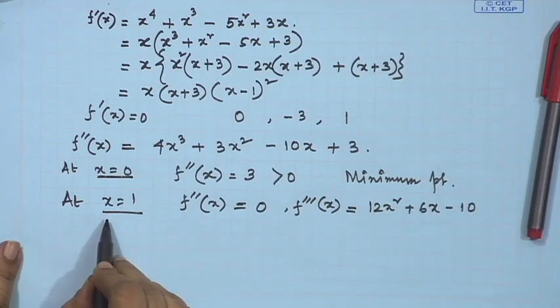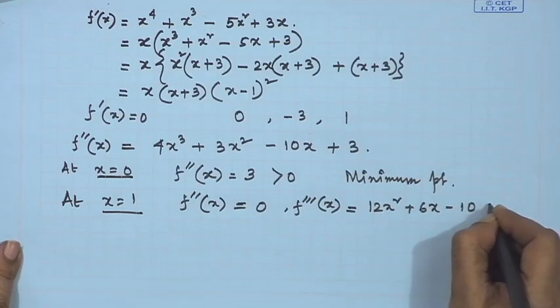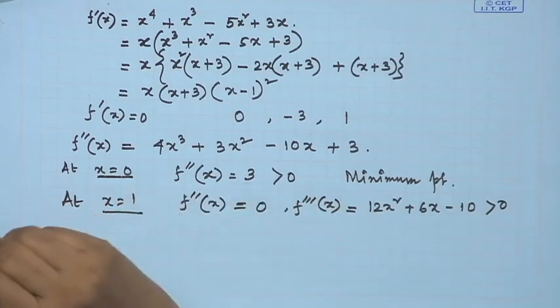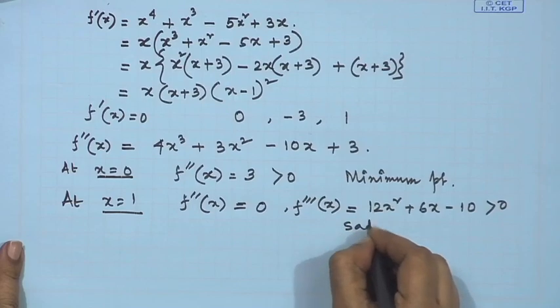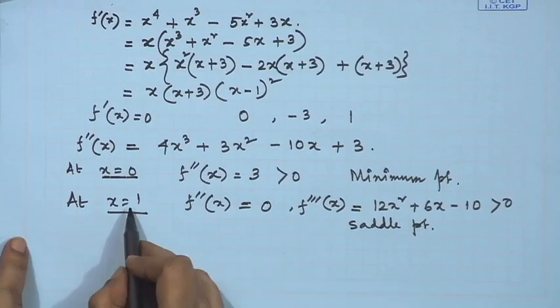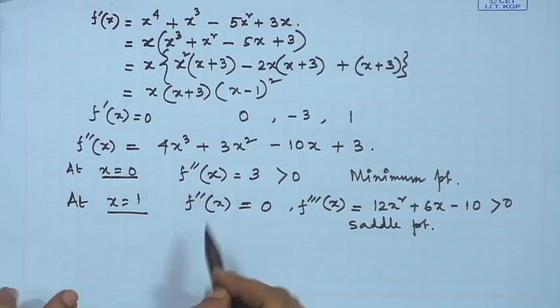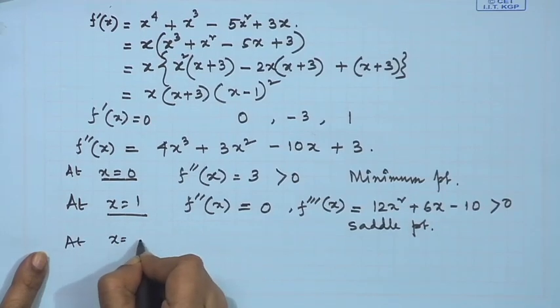At x equal to 1, this value is coming 12 plus 6 minus 10, that is 8, which must be positive. Since from the sufficient condition the third order derivative is non-zero, we cannot go further. We have to declare that this must be a saddle point. All right. At x equal to 1, f(x) must be changing its pattern. Now, let us go for x equal to minus 3.